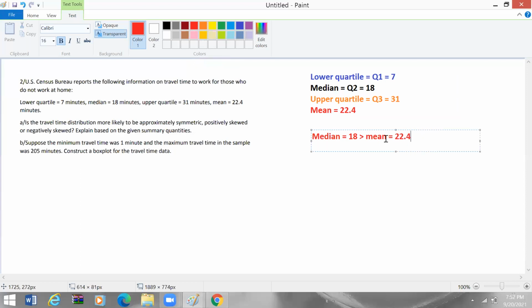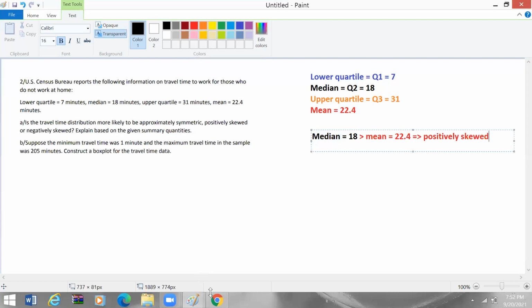If the median is less than the mean, then the data set will have more data toward the left. So there will be more small values compared to the big values. So in this case, it will be positively skewed. Basically, it's skewed to the right.